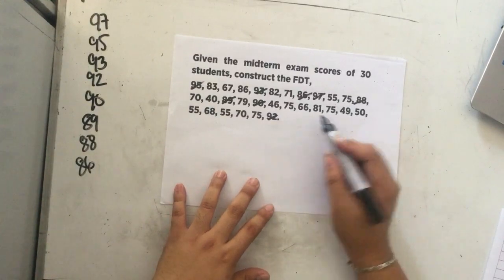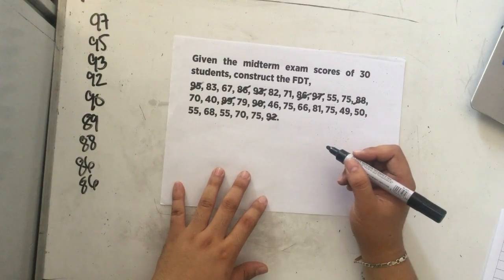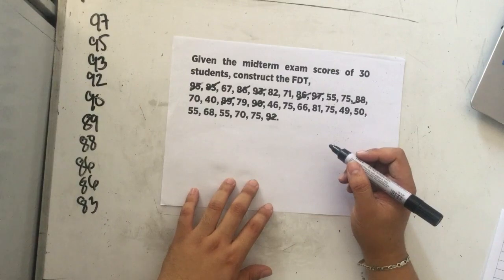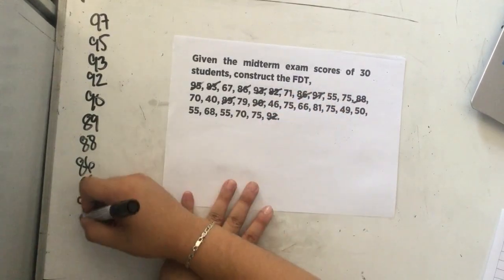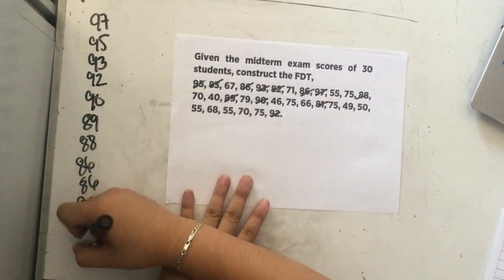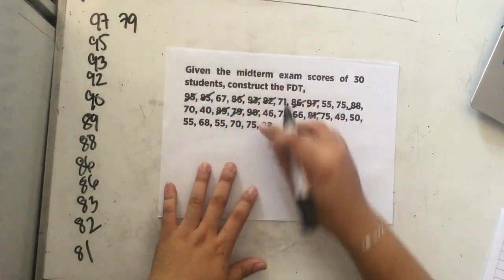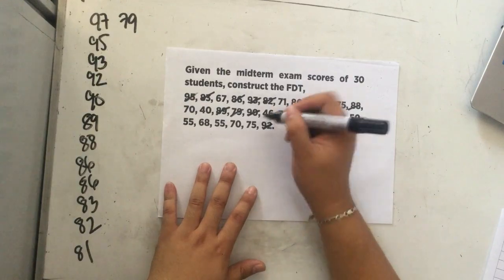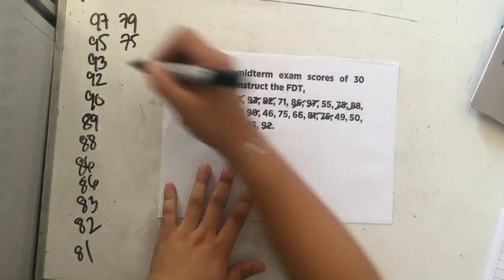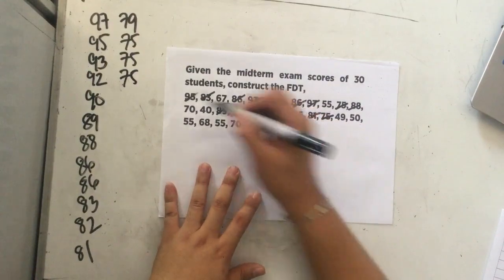Okay, may isa pang 86, then we have 83, 83, 82, 82, then we have 81, 81, then 79, 79, then we have 75, another 75, and then 75, may 75 pang isa.